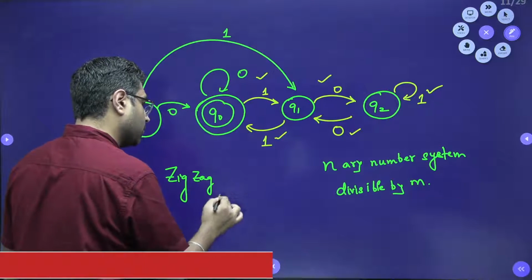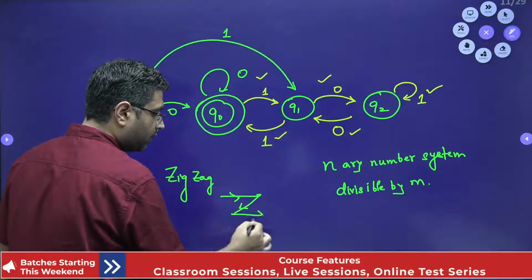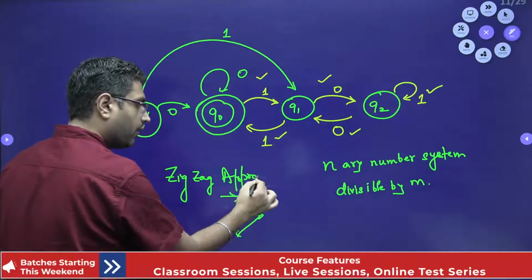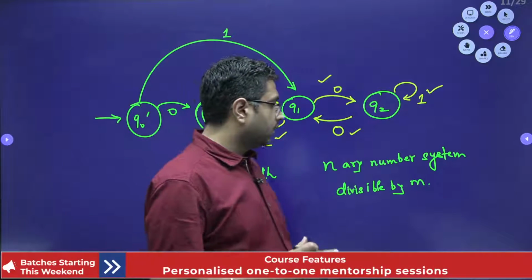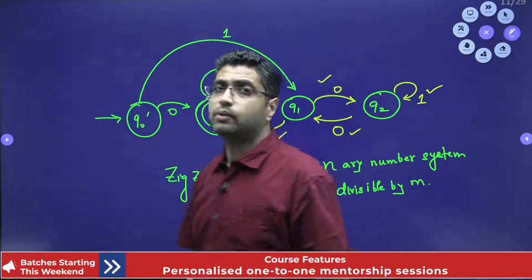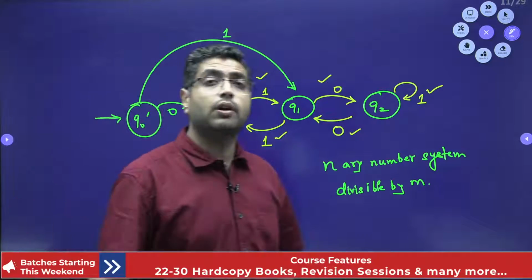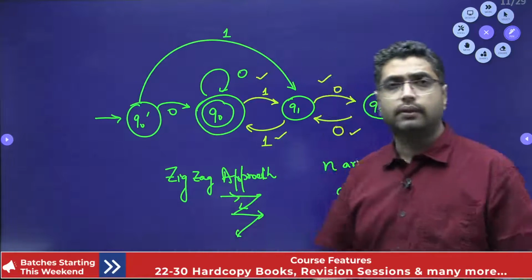Because of the format: you go left to right, then top to bottom, left to right, top to bottom. You follow the zigzag approach and fill the states in a cyclic manner. But in case epsilon does not belong to the language, then you will have to create another state, and you take the transitions of that state from your earlier initial state. This is how you will solve it.